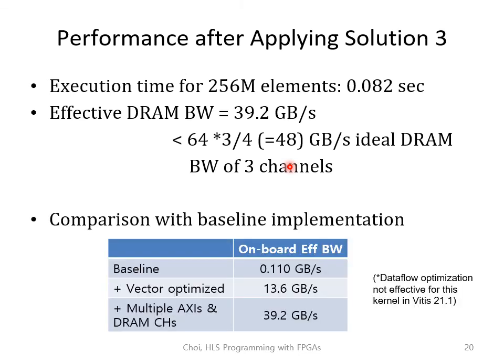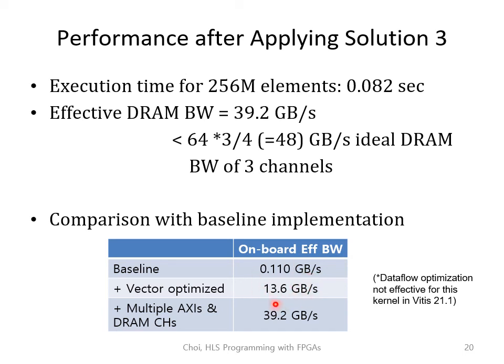So if we compare with the baseline implementation that just had a for loop and adding on the unsigned int type, it has a very low effective DRAM bandwidth, right? Using the vector optimized version or the wide data type leads to a much higher effective DRAM bandwidth.